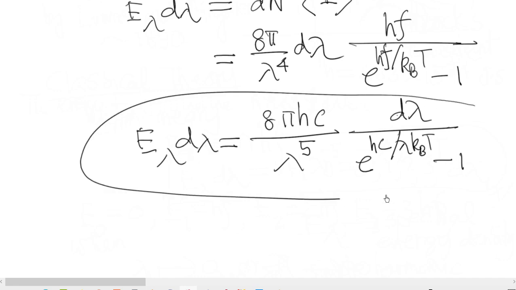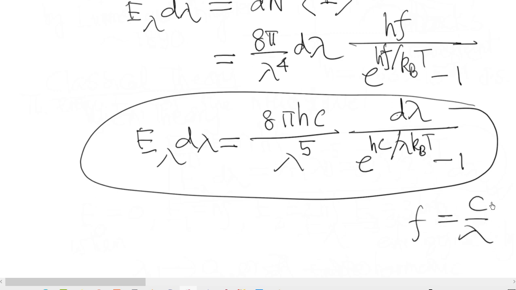This is Planck's formula for radiation, where we have used f equal to c by lambda, where c is the speed of light, f is the frequency and lambda is the wavelength.